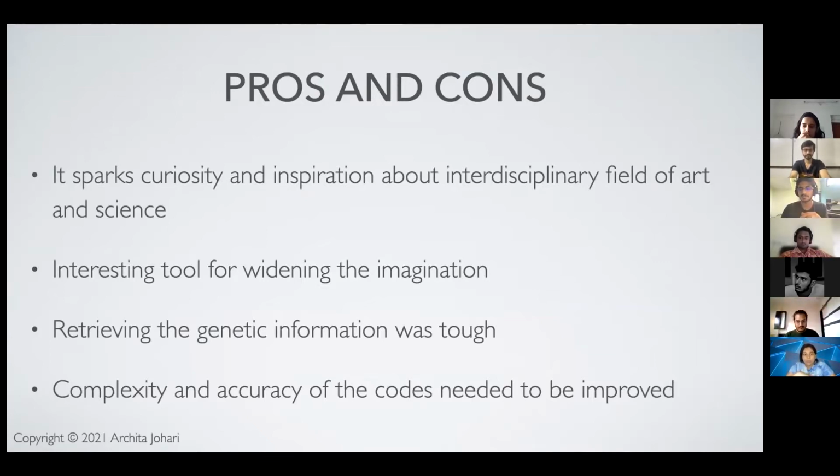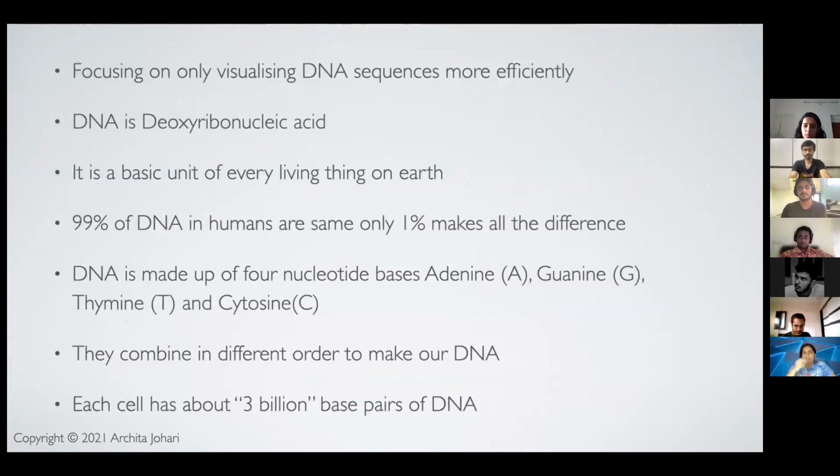The cons were that retrieving genetic information was tough, and it has a whole field in itself called bioinformatics, and the complexity and accuracy of code needed to be improved. So I chose to focus on visualizing DNA sequences first and more efficiently.